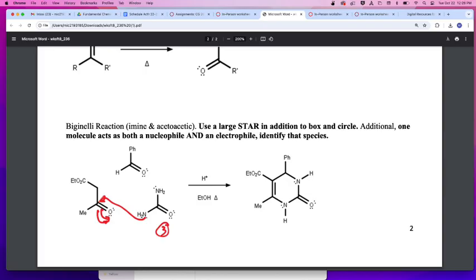Where's the other chemistry? So that would be forming this bond, right? Would we predict the other nitrogen to act as an electrophile? Why not? What do electrophiles act as?